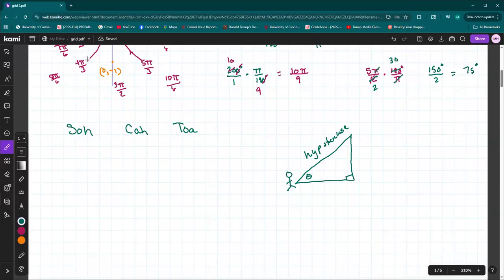So this is hypotenuse. This is my opposite. It's always going to be across. And this is my adjacent.